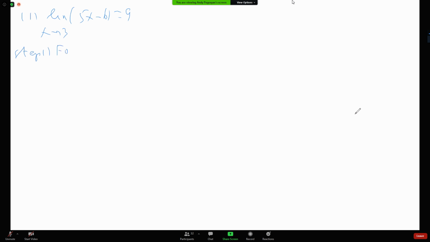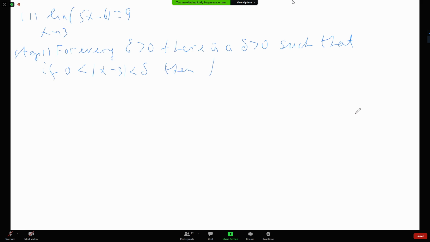For every epsilon greater than 0, there is a delta greater than 0 such that if 0 is less than the absolute value of x minus 3, which is less than delta, then the absolute value of 5x minus 6 minus 9 is less than epsilon.